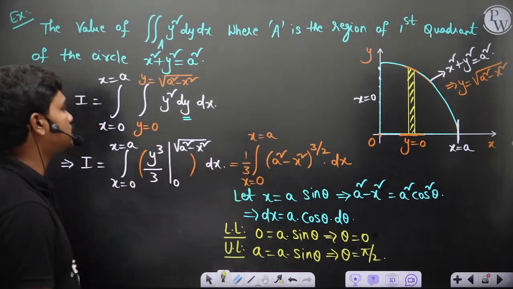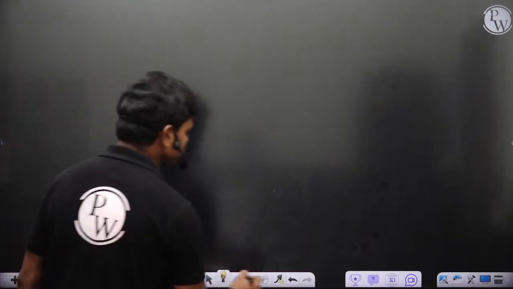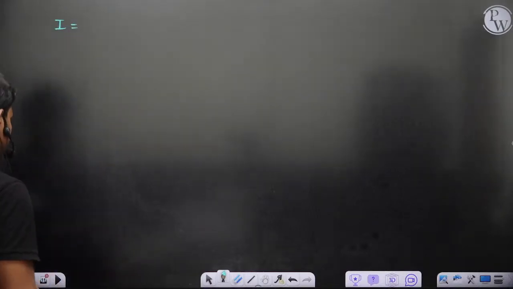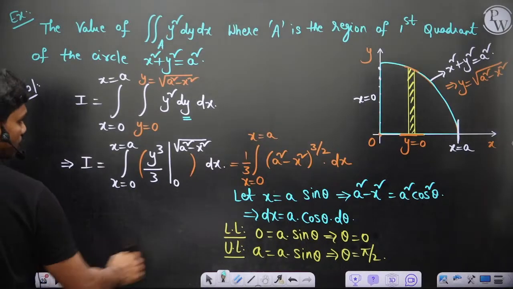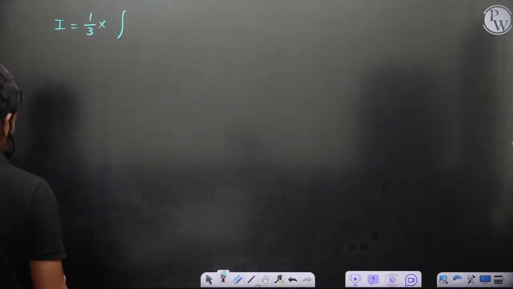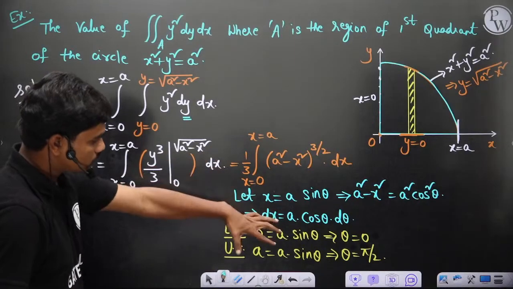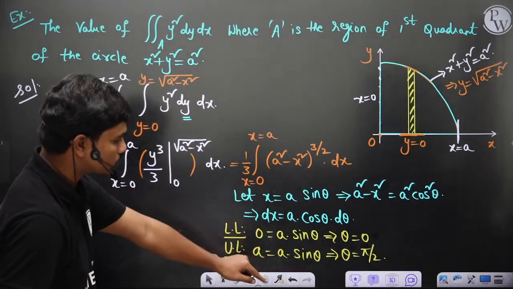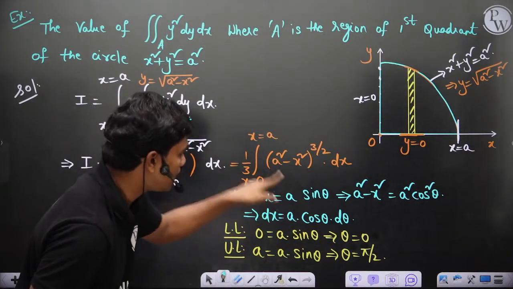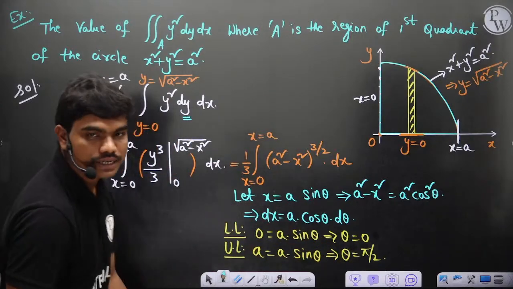So if you convert this substitution, we end up with I is equal to 1/3 times integral. In the new substitution, the lower value got converted to theta equal to 0, and the upper limit got converted to theta equal to pi by 2.